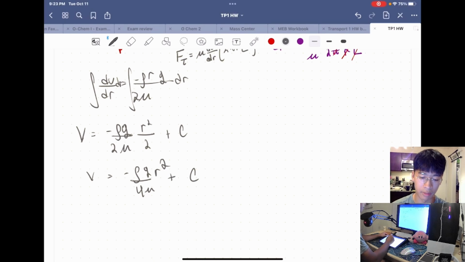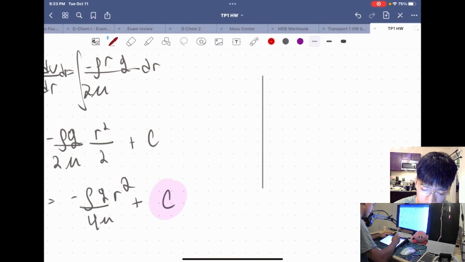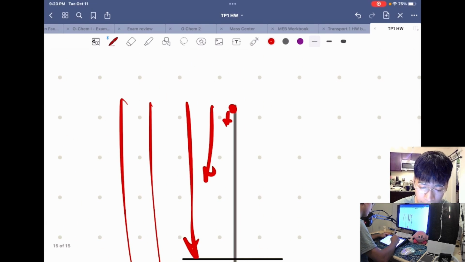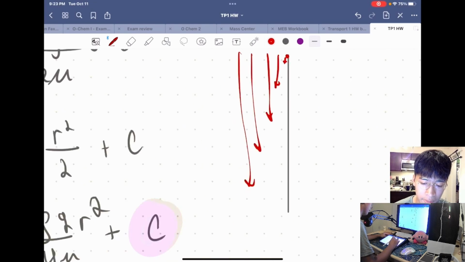So now it comes to the question of what is that c? Well, we can use the no-slip boundary condition, which states that for a liquid against a solid surface, the liquid directly adjacent to that stationary surface has a velocity of 0.